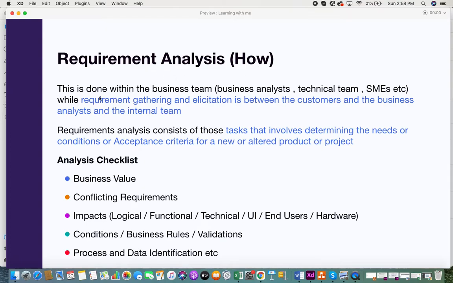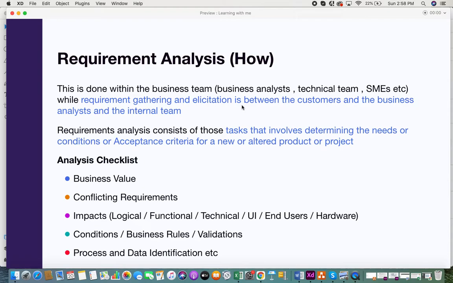And if you see here, analysis is done within the business team, maybe the business analyst, the technical team, SMEs, etc., while requirement gathering and elicitation is between the customers, the business analysts and the other members involved in that particular discussion.